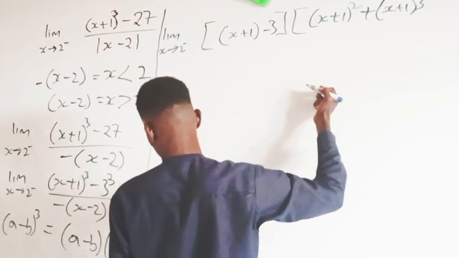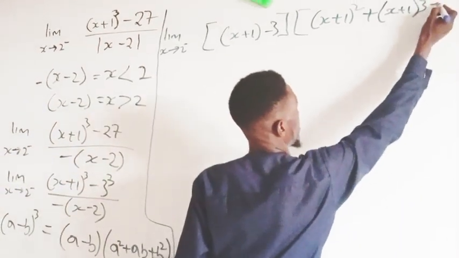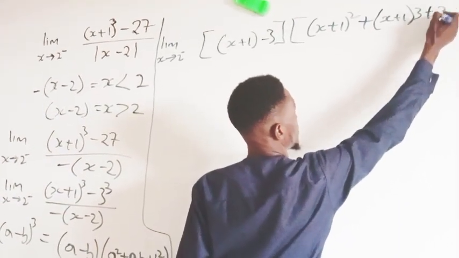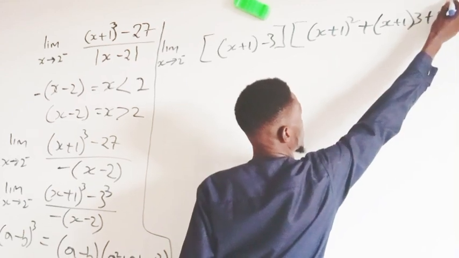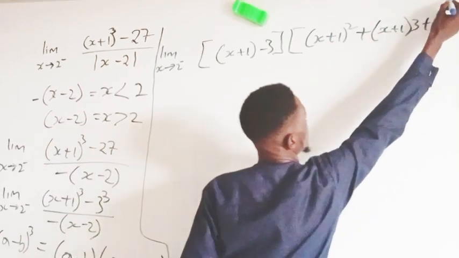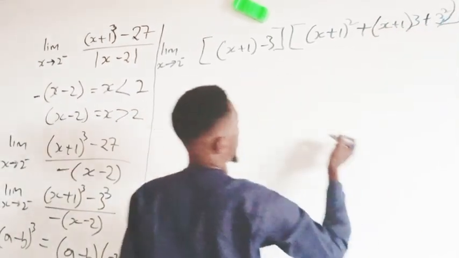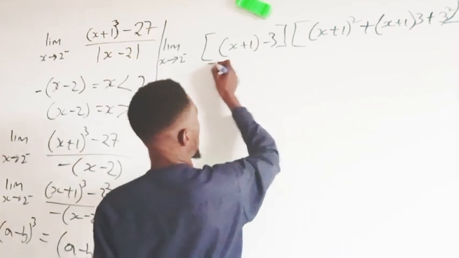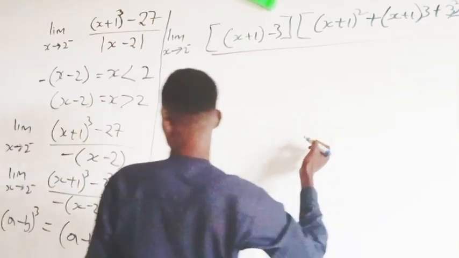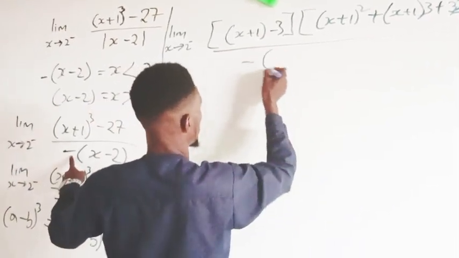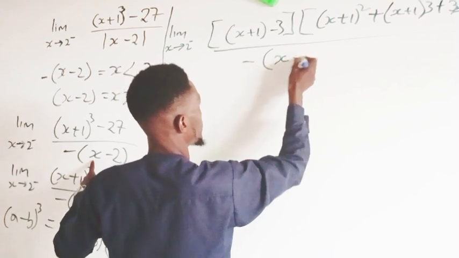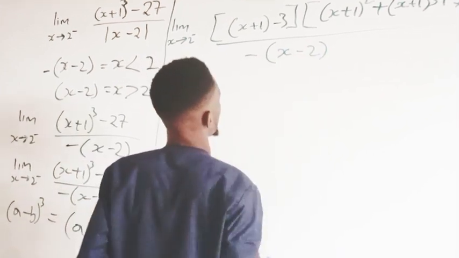And plus b square. b square is 3 times 3, okay? So let me close this bracket. Everything over minus bracket x minus 2, okay?